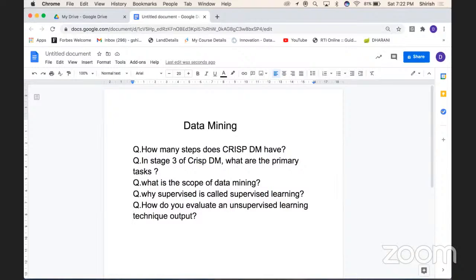Exactly: clustering, principal component analysis, association rules, recommendation engine. All these are your unsupervised learning techniques. So how do you evaluate what you have got, whether it's correct or not? There's some procedure for finding out the output. What is that?